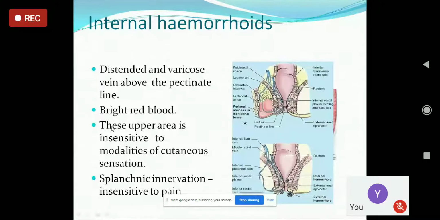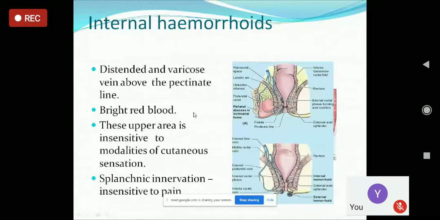As this area is insensitive to pain or cutaneous sensation due to the splanchnic innervation, if internal hemorrhoids are present, the patient doesn't complain of any pain and bleeding will occur. That bleeding is bright red in color.